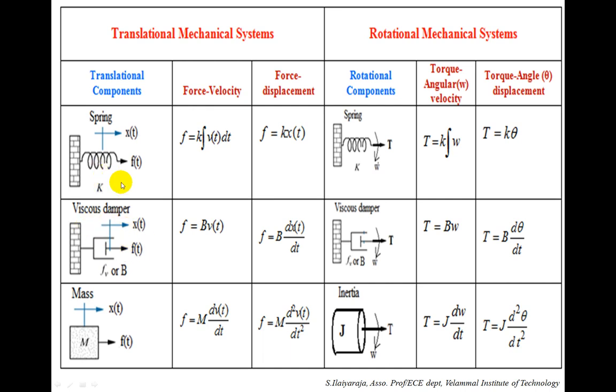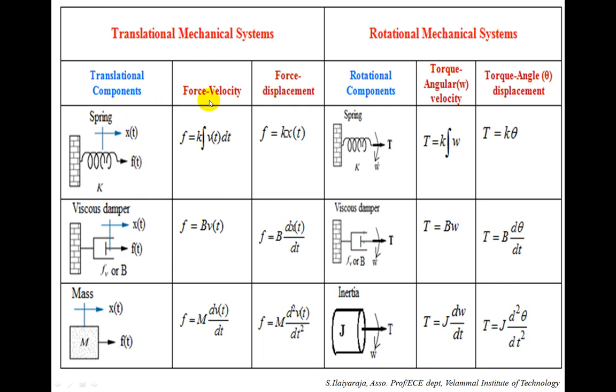When the force is applied, there will be a displacement in the viscous damper. The same way, when a force is applied to the spring, a displacement takes place, represented by x(t). So the basic components of translational systems are mass, damper, spring, force, and displacement.